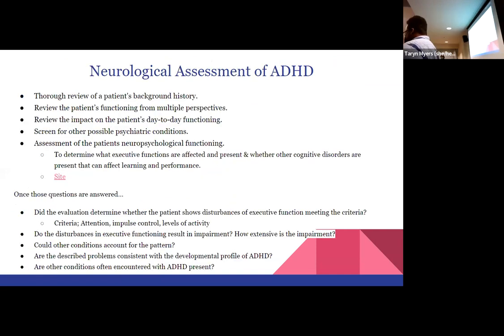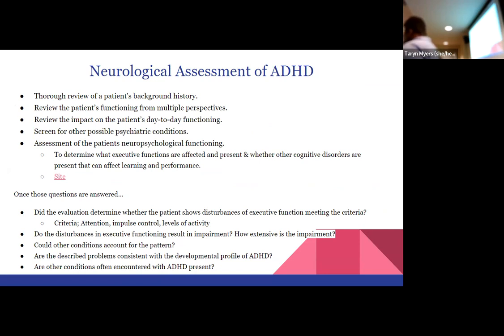For the neurological assessment of ADHD, it involves a thorough review of the patient's background history, and a review of the patient's functioning from multiple different perspectives. They review the impact on the patient's day-to-day functioning, and screening for other possible psychiatric conditions.